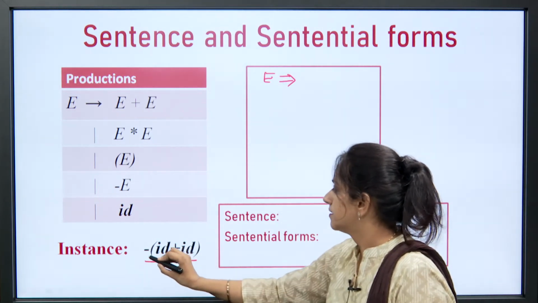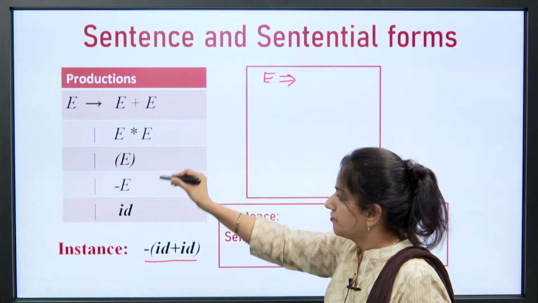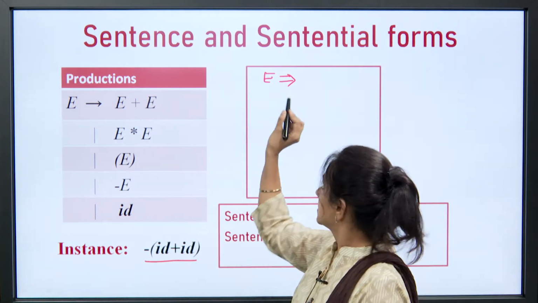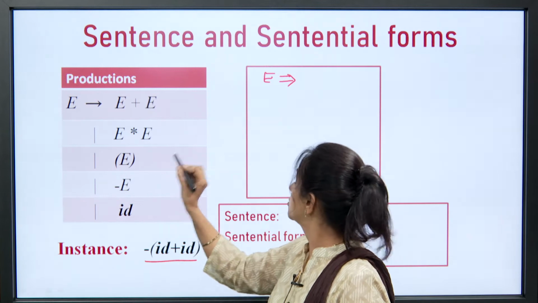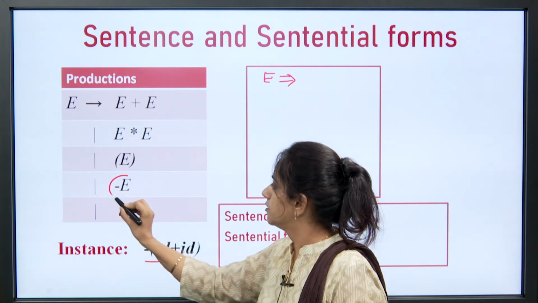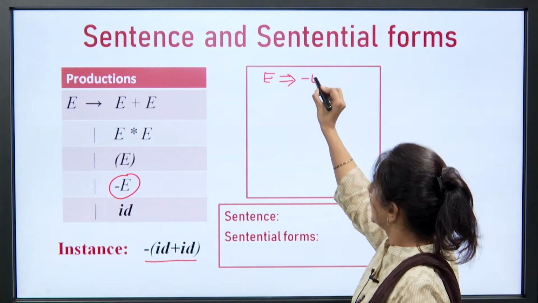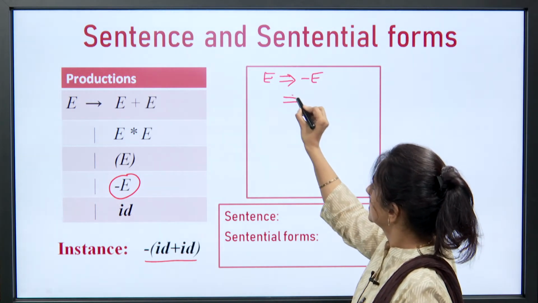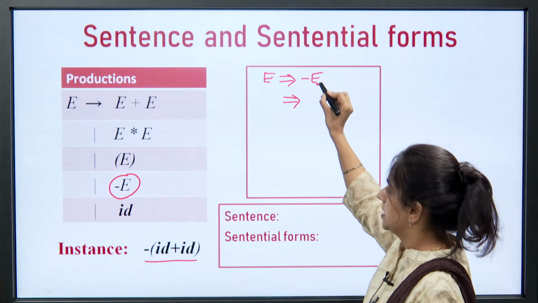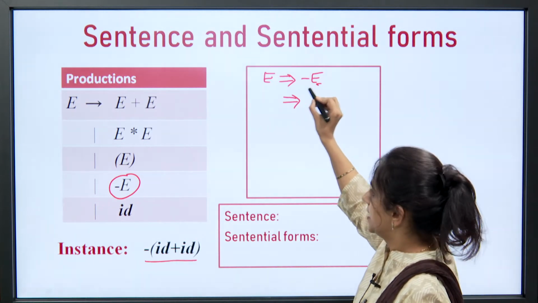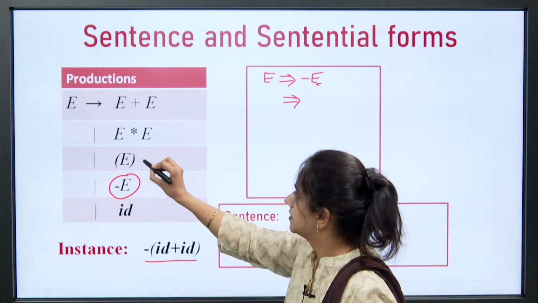E derives this one. Which alternate of E should be used now? This E should be expanded using the alternate minus E. So, E derives minus E. Now, again we have this E. This E should be replaced with which alternate? The third alternate.